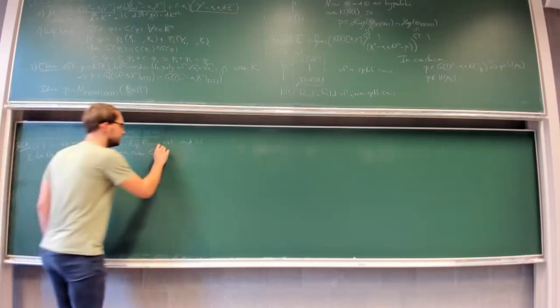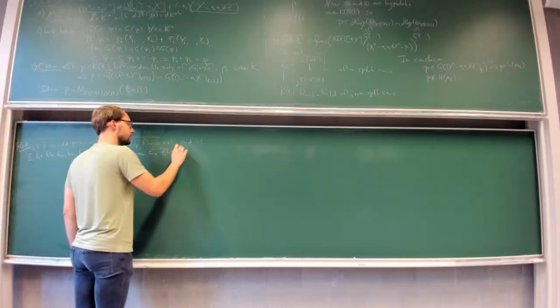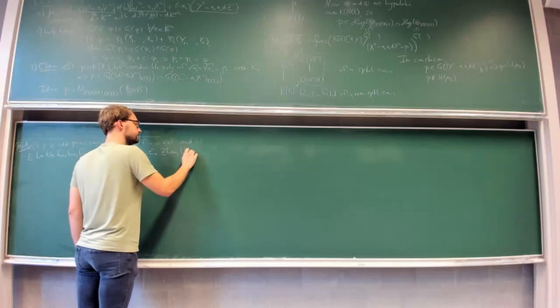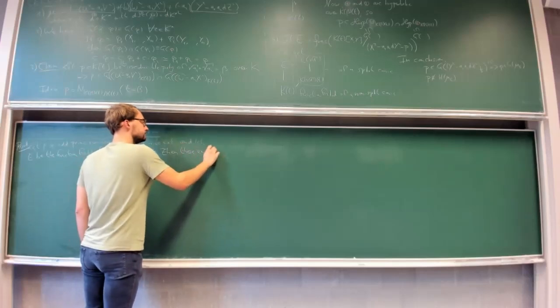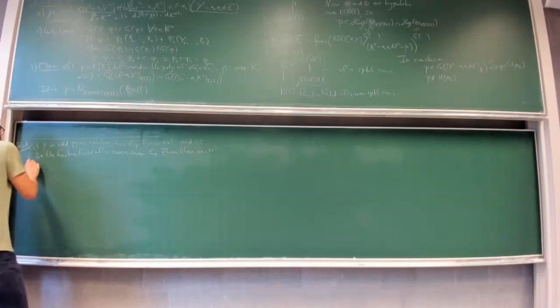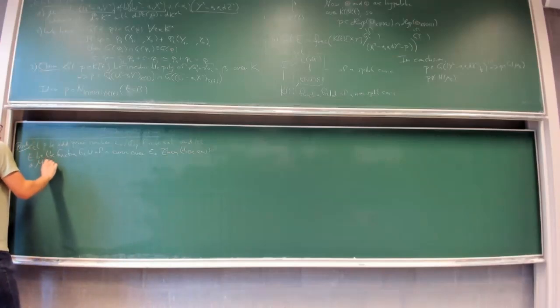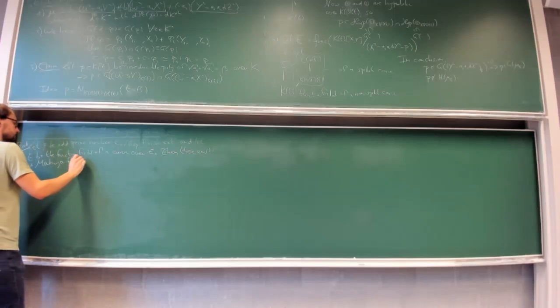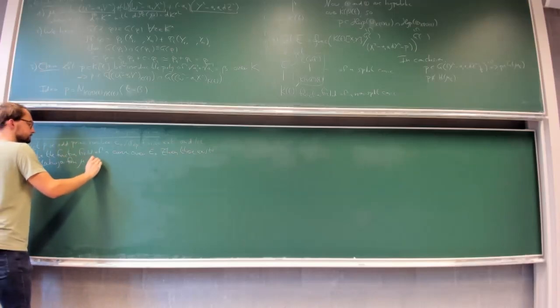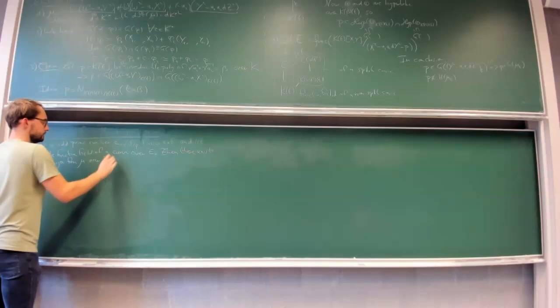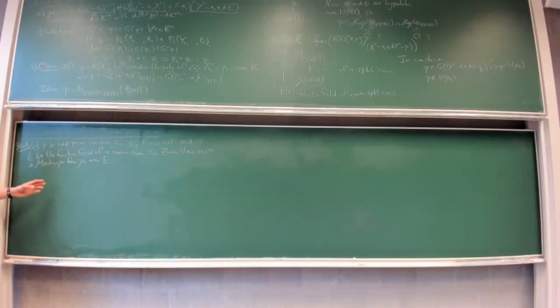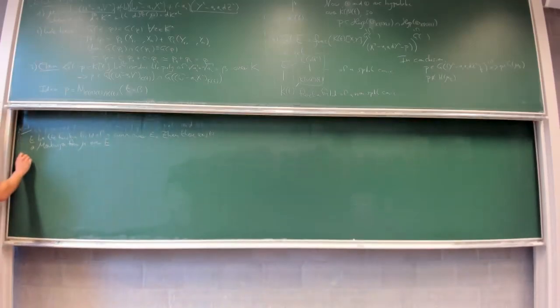So what can we say then? Okay, and so then, as I claimed, we can construct a Merkurjev form over E. And so also here, let me give a sketch of how we can do this.